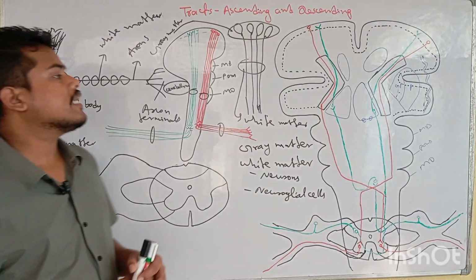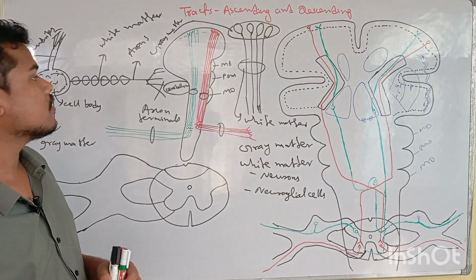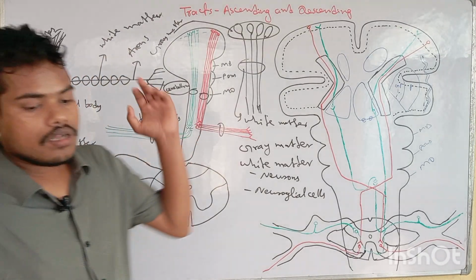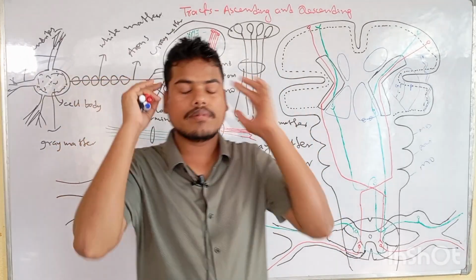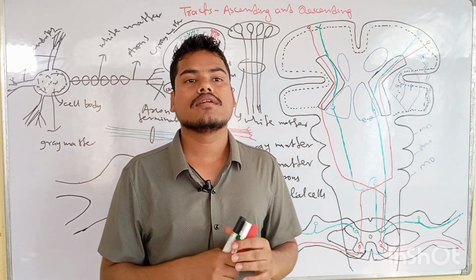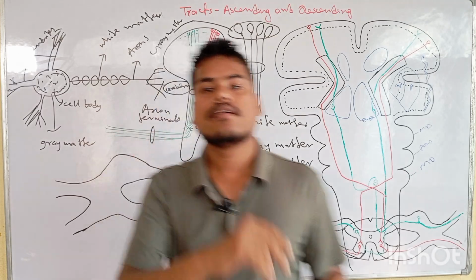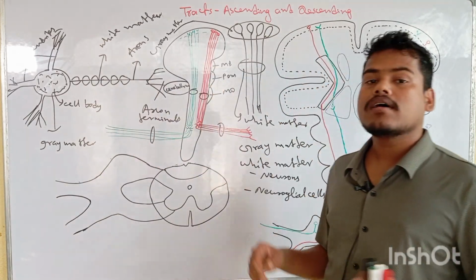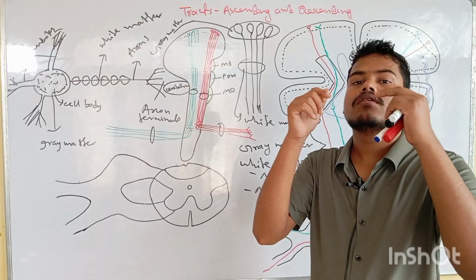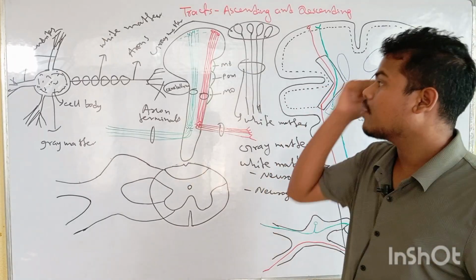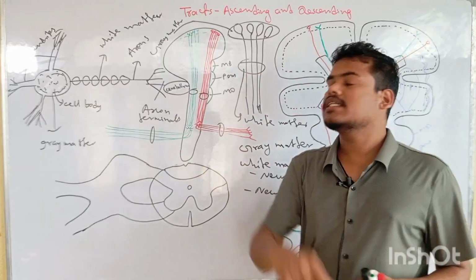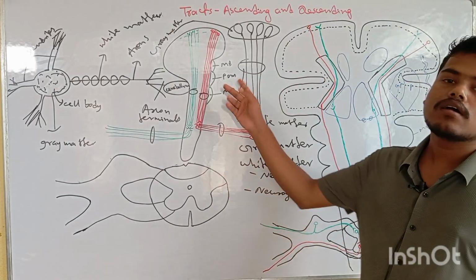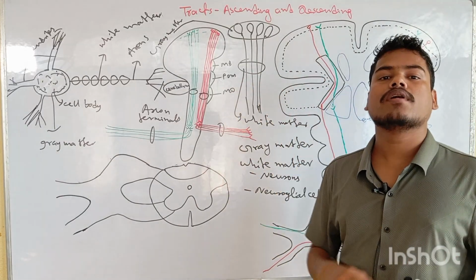Now, two other types of fiber are also there in the central nervous system. Like the two cerebral hemispheres, right and left, will be connected by fibers that are called commissural fibers. And please don't forget, the biggest example of the commissural fiber is the corpus callosum.